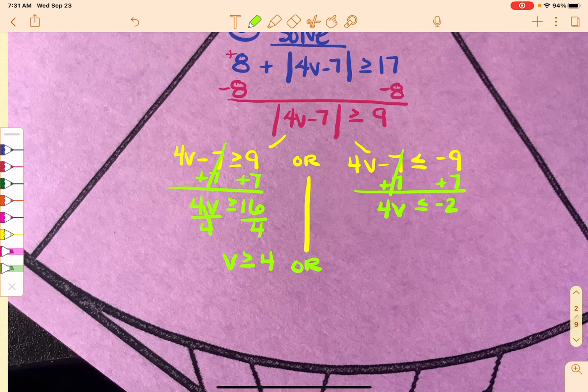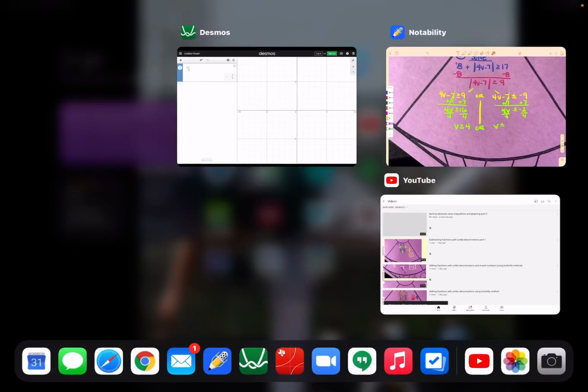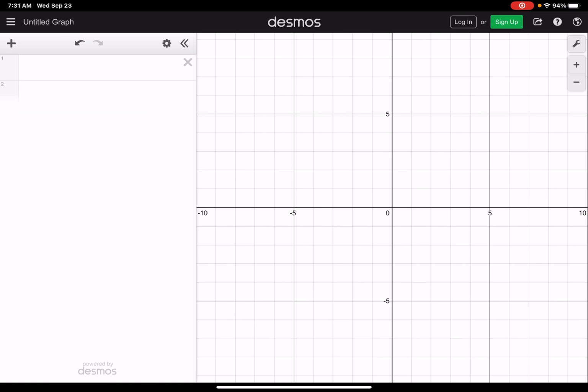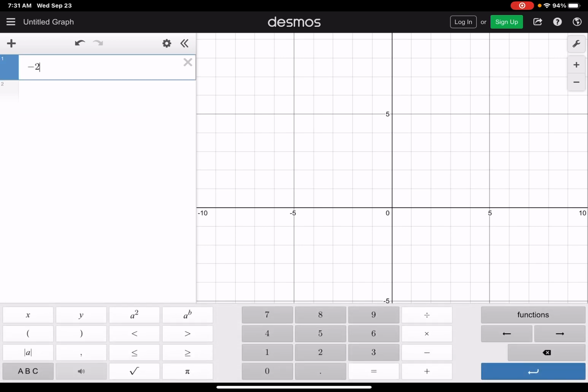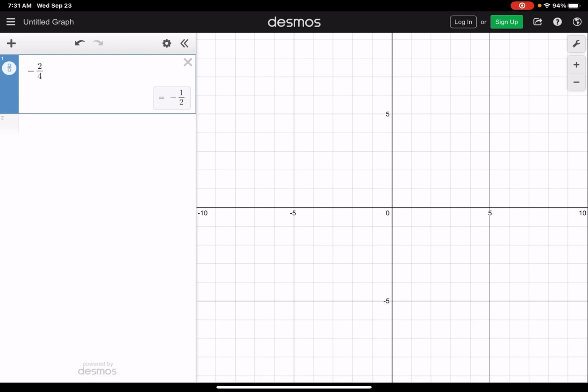And then to get rid of the 4, I'm going to divide both sides by 4. Now, I will tell you, this isn't going to come out as a whole number, but you might want to put that in Desmos and see what happens. So negative 2 over 4, and hit that little fraction bar in the front, it reduces down to negative 1/2.